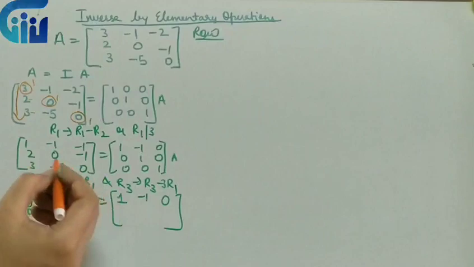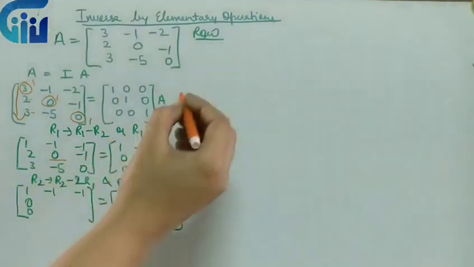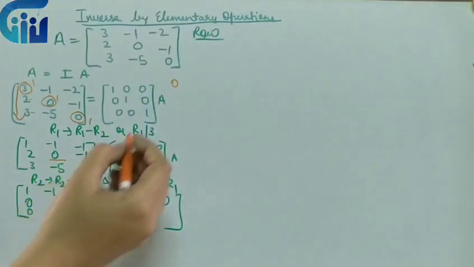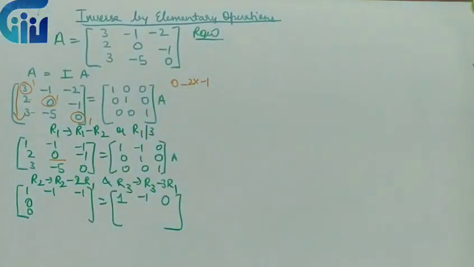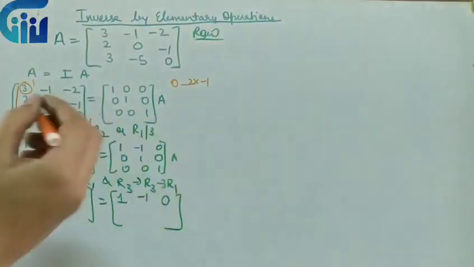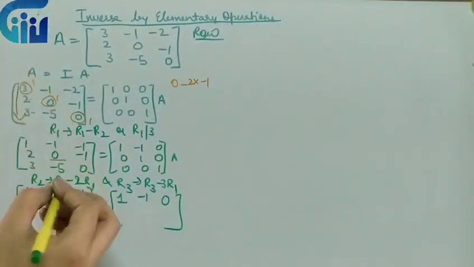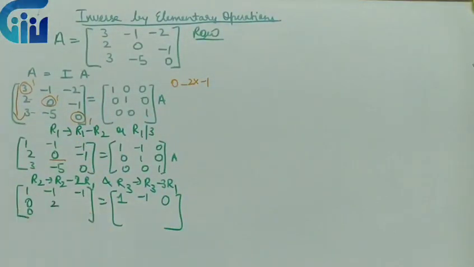Now for R2, I will take the second element 0, so I will write 0 minus 2 into minus 1. Everybody is supposed to do it on paper, rough work, and then put the value over there. Then with practice try to master it doing orally. So it is plus 2, because even if one value is wrong, the whole question will be wrong.